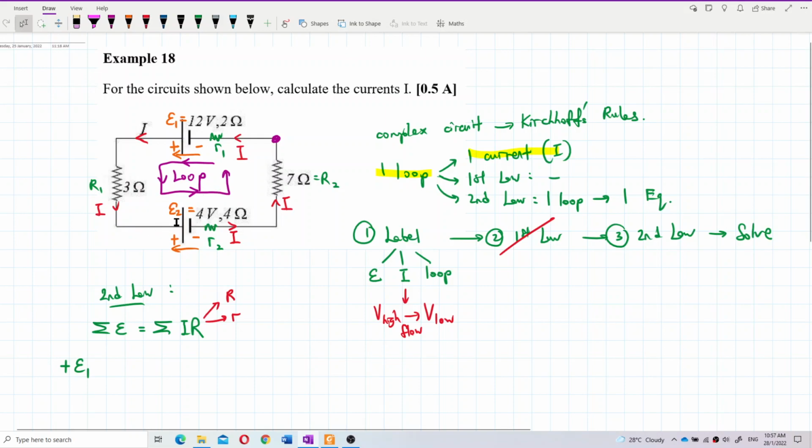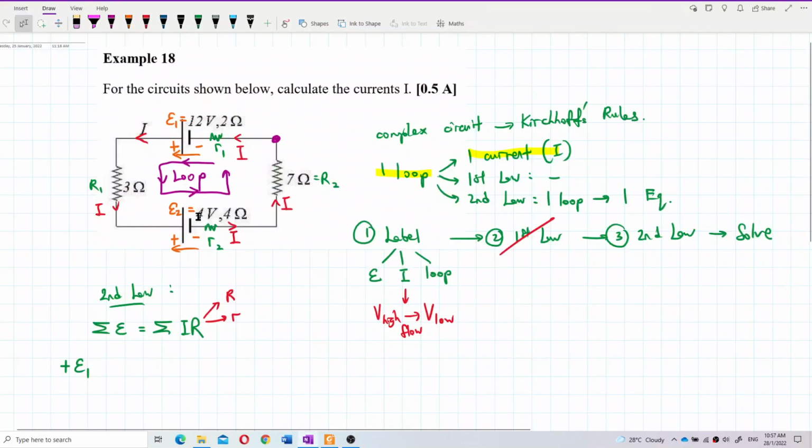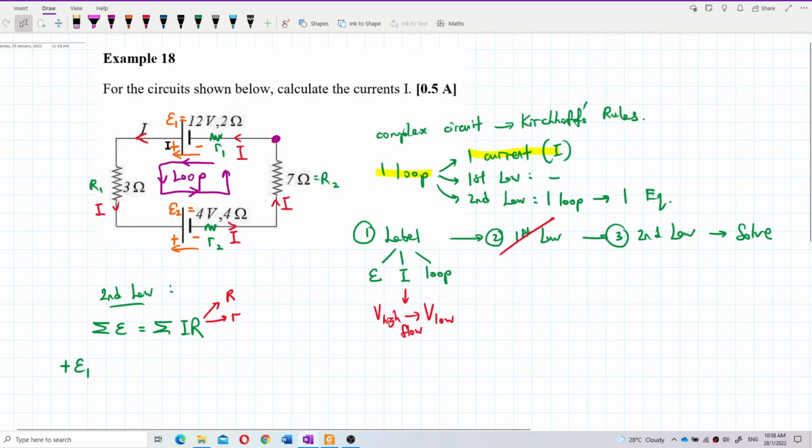So EMF2 is negative, because the EMF and the loop are in opposite directions. When opposite direction, it is negative EMF. Understand? So that is the negative E2.